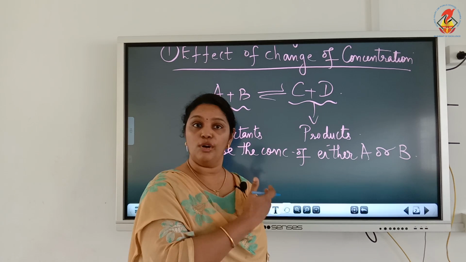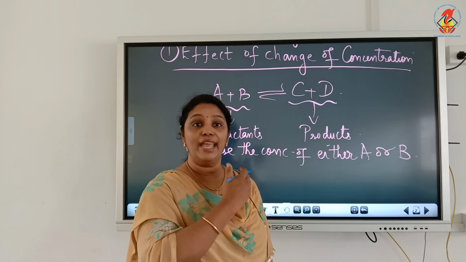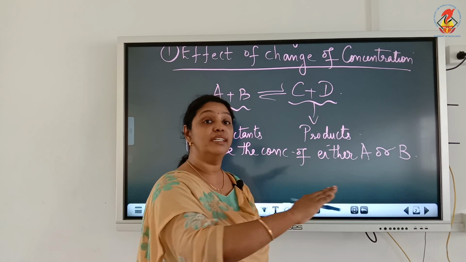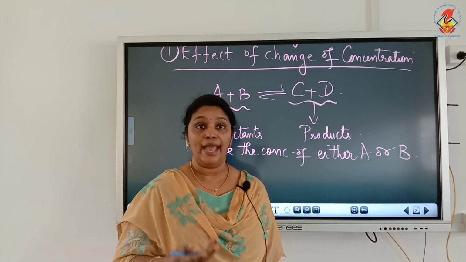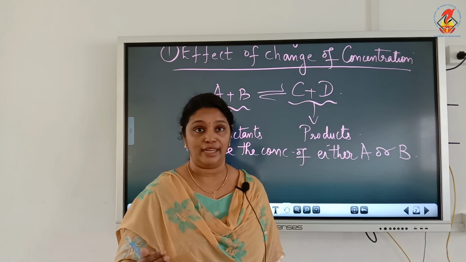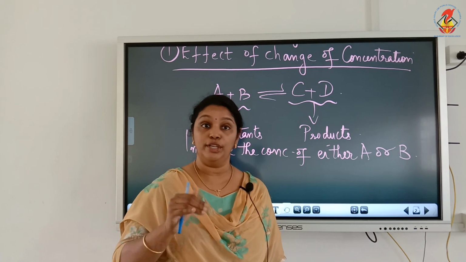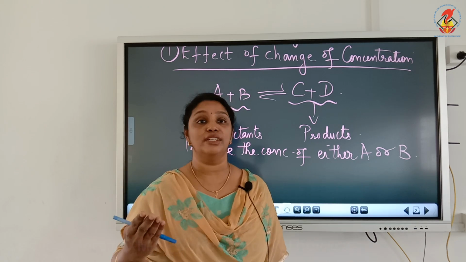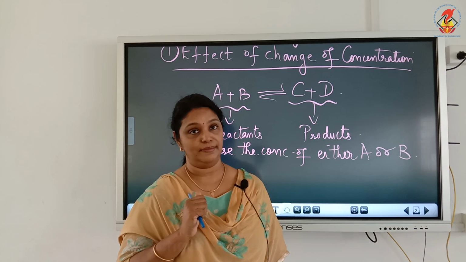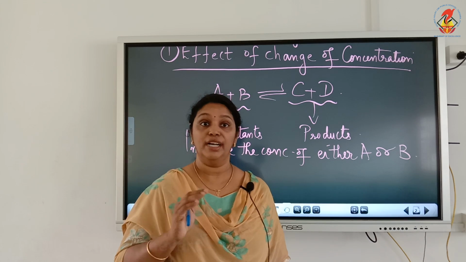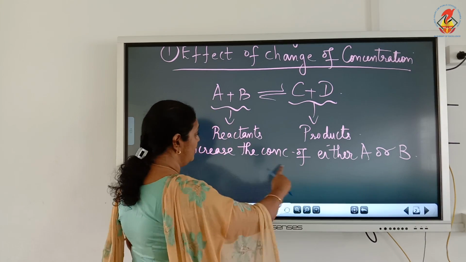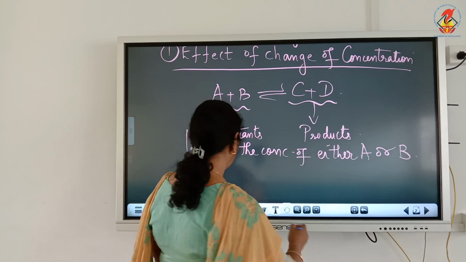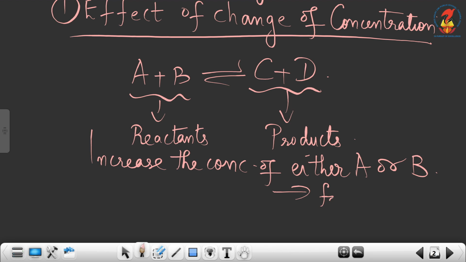Since I increased the concentration of the reactant, the reaction will take place in forward direction, means more and more product will be formed, and the reaction takes place in forward direction so as to reduce the increased concentration of the reactant, and finally a new equilibrium is re-established. So in this case, if I increase the concentration of A or B, the reaction takes place in which direction? It takes place in forward direction.